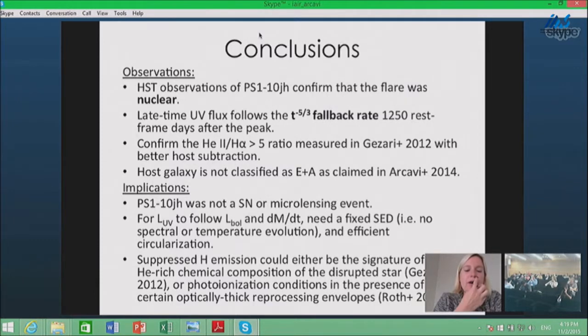So in the Roth model, which I just read because it came out last week, the idea was that you could form this reprocessing envelope from the debris. In our case we would have to form it quickly because we see this helium, we see this hydrogen emission suppression at 22 days before peak.